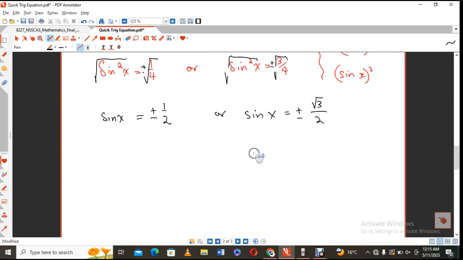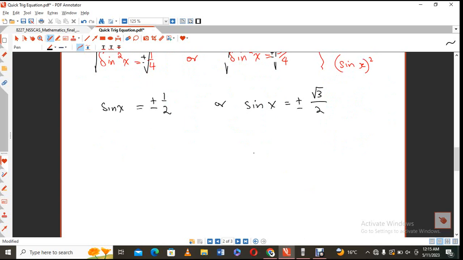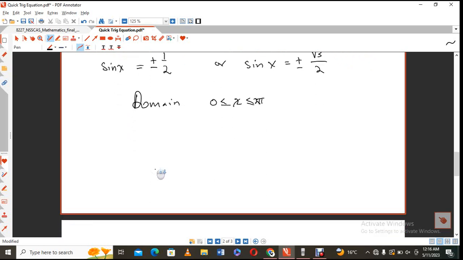Right. So basically, if you are looking at what we have, we can decide to work with the first, and then we come to the second one. And our domain for our answers is given to us as x is between 0 and 2 pi radians, and we are supposed to solve the angles accordingly.